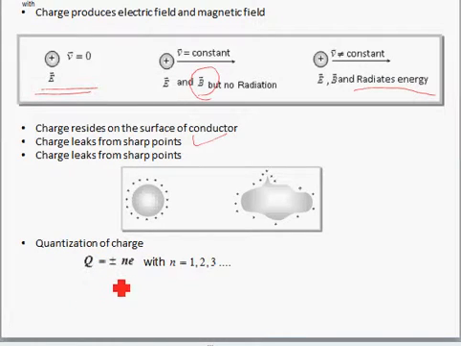One more property, which is the quantization of charge. It is a very important phenomenon which tells that charge can take only values which are integral multiples of the charge of an electron. Now if I ask you whether there can be any body having charge in fractions of the charge of an electron, you may say quarks.